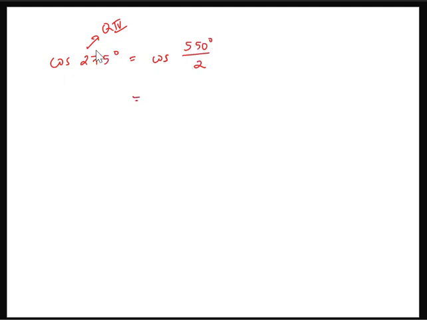Now, since 275 degrees is in quadrant 4 and cosine is positive in quadrant 4, then we have square root of 1 plus cosine of 550 degrees over 2.